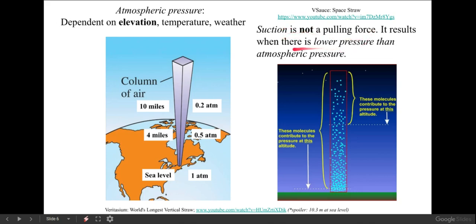It's because it lowers the pressure on the other side, and then atmospheric pressure is able to just hold it there. Suction cups and straws, you can watch this video about straws because that sounds fun. They both work under the same concept of lowering the air pressure on one side, and then the higher air pressure will push it up. So suction is a pushing force, not pulling.